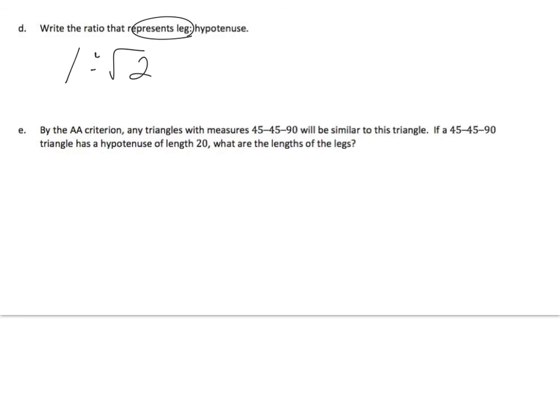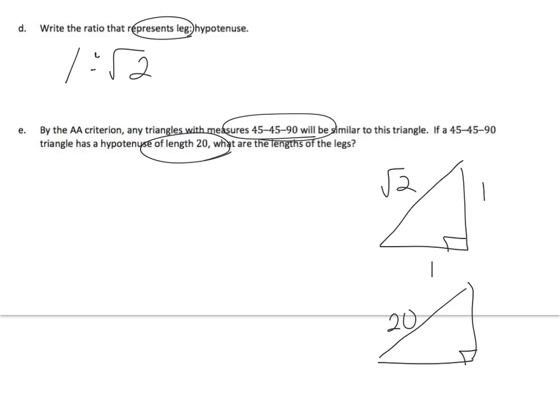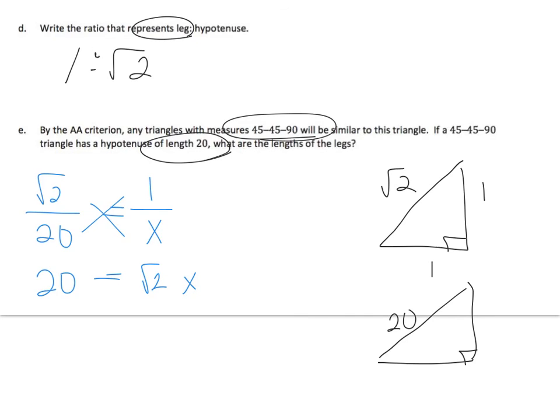By the angle-angle criterion, any triangles that measure 45, 45, 90 will be similar to this triangle. If a 45, 45, 90 triangle has a hypotenuse length of 20, what are the lengths of its legs? So I can set up a ratio. Square root of 2 over 20 is the same as 1 over x. Cross multiply: square root of 2 times x equals 20.